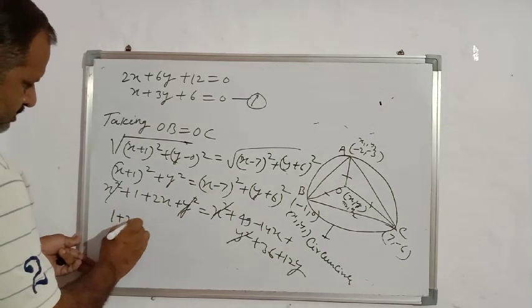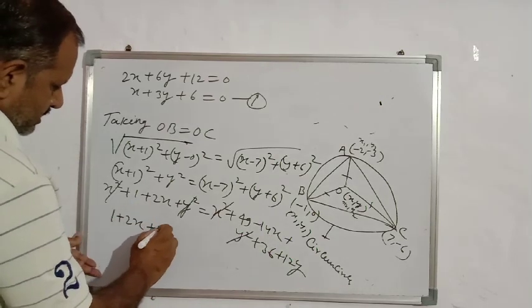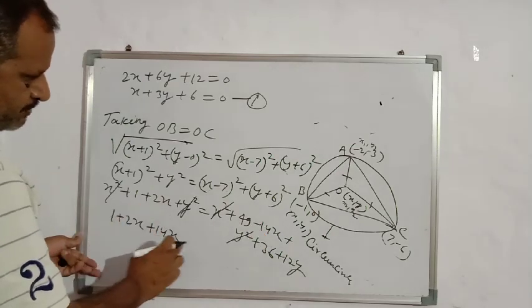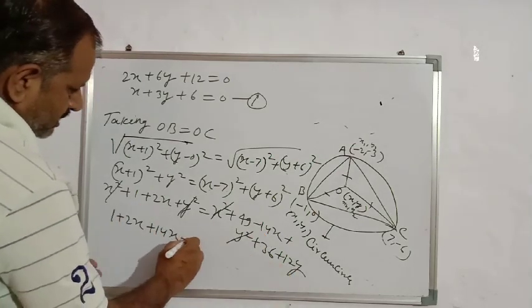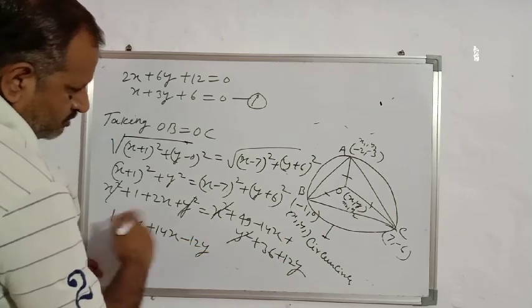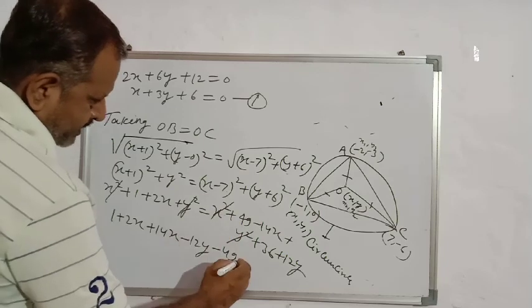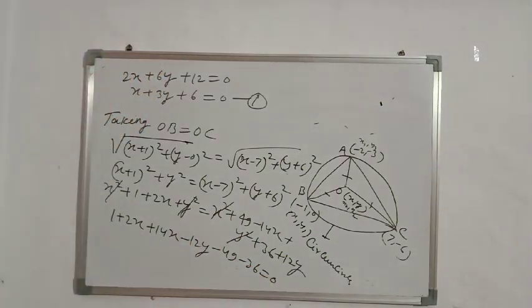Now 1 plus 2x, transpose 14x, it will be minus 14x, transposed to the left side plus 14x, plus 12y, so it will become minus 12y, minus 49 minus 36 is equal to 0.